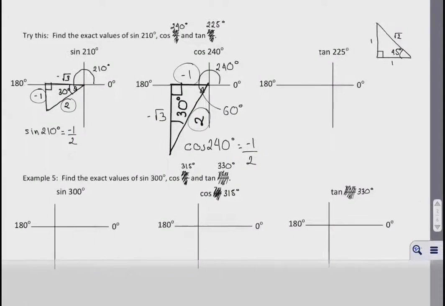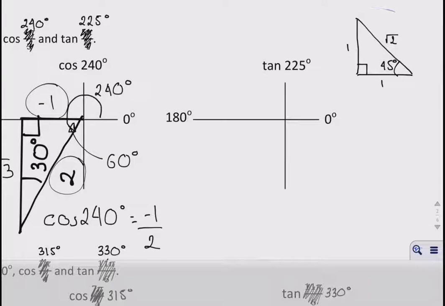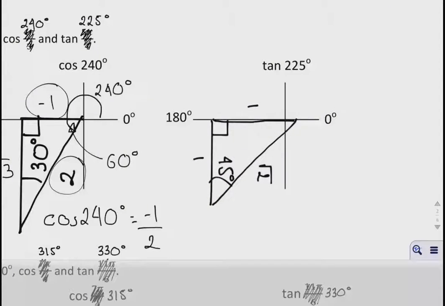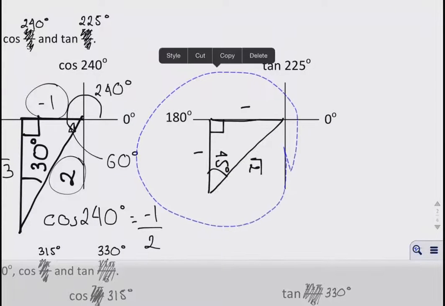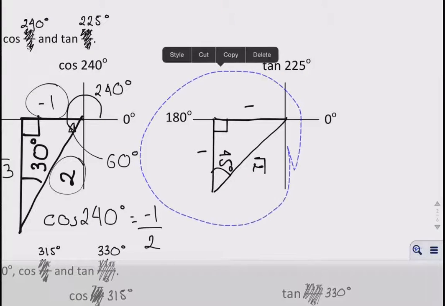Finally, 225, well, that's just 180 plus 45. So I'm obviously going to use my 45, 45, 90 triangle. Take it here, turn it around. So I got my 45 degree angle there. Just place it properly on my axis.